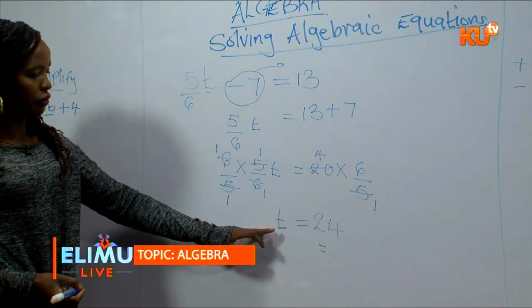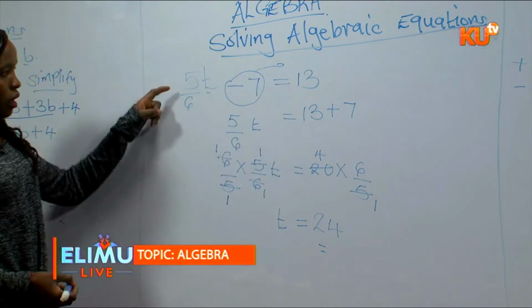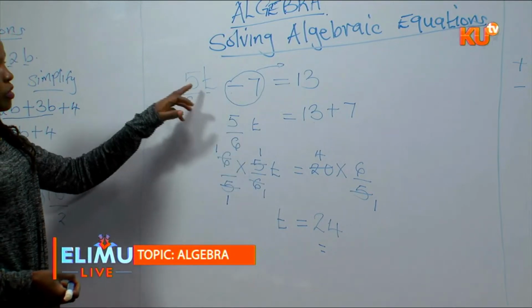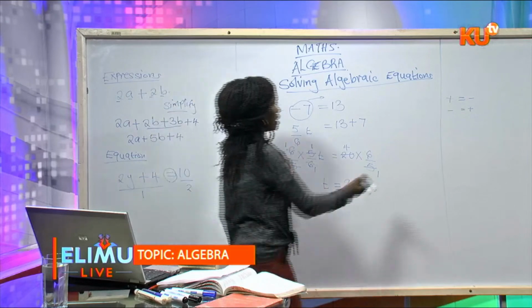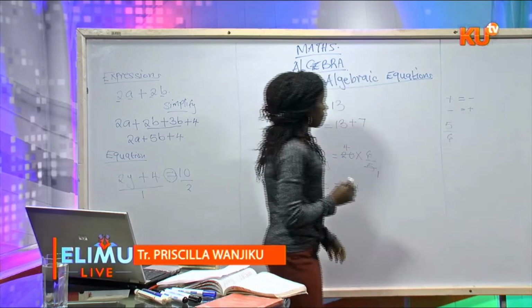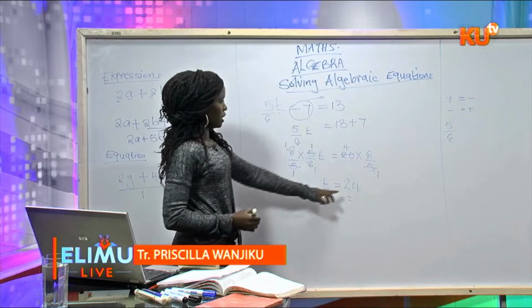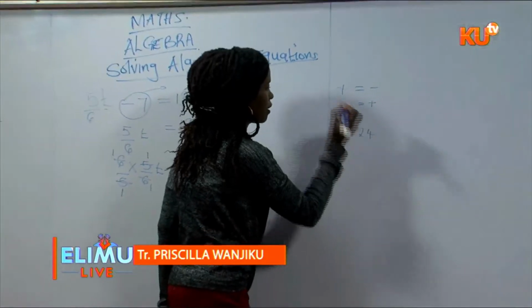If you want to prove that this side and this side are equal, you just substitute. Where we have t, you put 24. That is, if I take 5 over 6, the value of t is 24, then I multiply by 24.